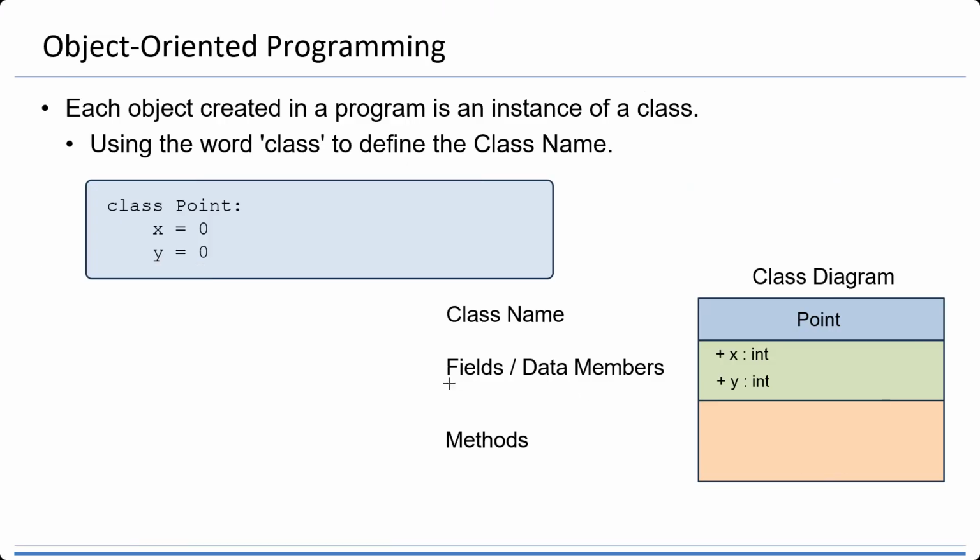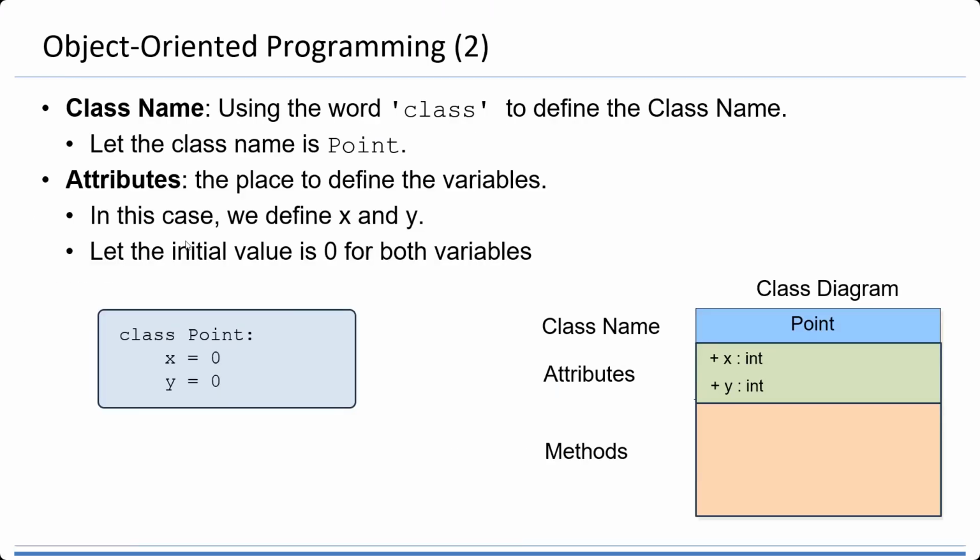We can say this section is the data members or fields, or sometimes we can also refer to them as the attributes. As I mentioned before, these are the attributes. So the class name, okay, we use the word class as I mentioned to define the class name, and let the class name be Point.